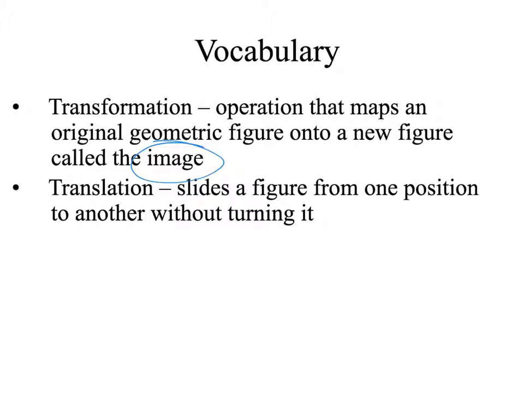You'll also see us a lot of times refer to points as A prime, B prime, and the little apostrophe in math means prime. And what that's telling us is that this is our new shape, our new image. So our image is going to have points with prime markers on them. Translation, we just talked about it, again, being a slide from one to the other.